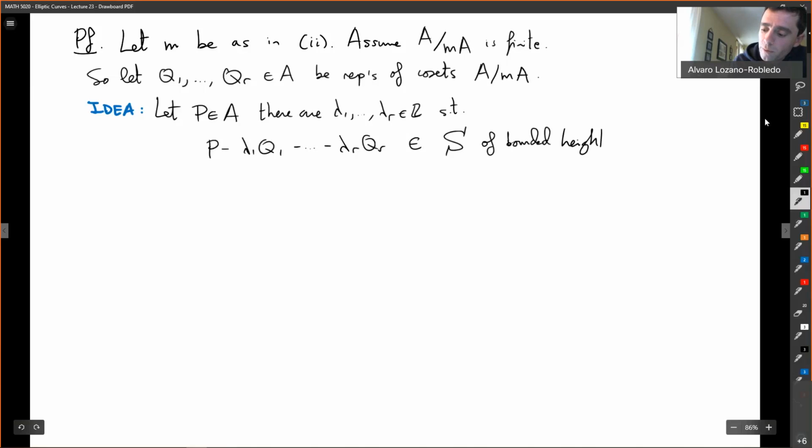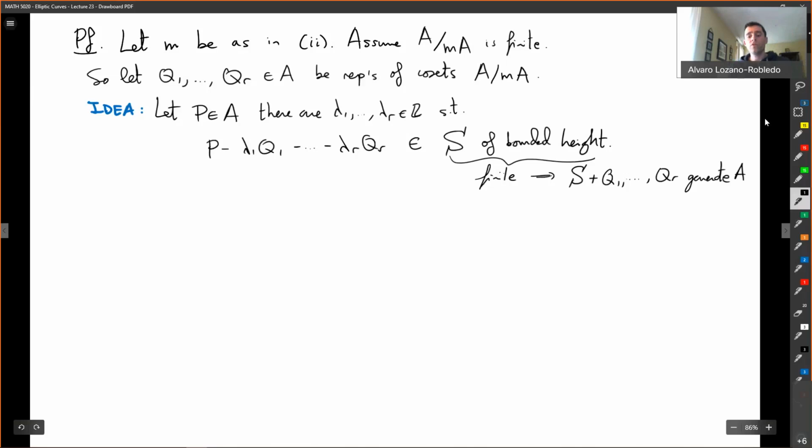So I'm always going to be able to do some linear combination that brings me to one set of bounded height, but sets of bounded height are finite, and therefore what we're going to see is that S plus Q1 through QR generate A. Okay, so that is the idea.